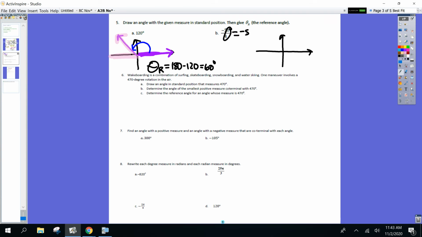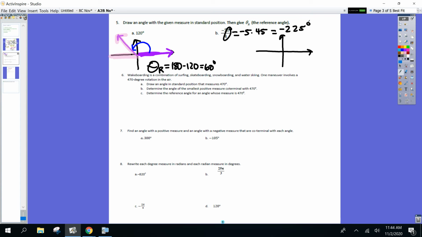So this is negative 5 times 45 because I know pi over 4 is 45. That's negative 225 in degrees. All right, where's negative 225? And if you don't like negative 225, make it positive: add 360 to it.